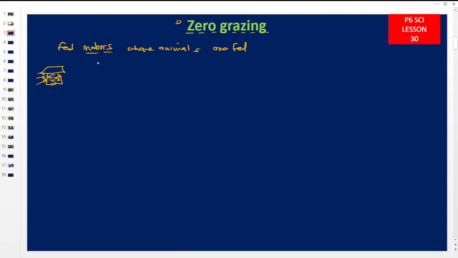Now what you have to know about Zero Grazing is that it is suitable for urban members. It is majorly practiced in towns, because in towns there is a lack of enough land. There is a shortage of land. That's why Zero Grazing is suitable. You just construct a shelter, you buy your cow, you put it inside.